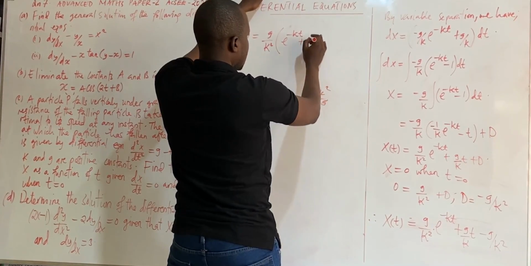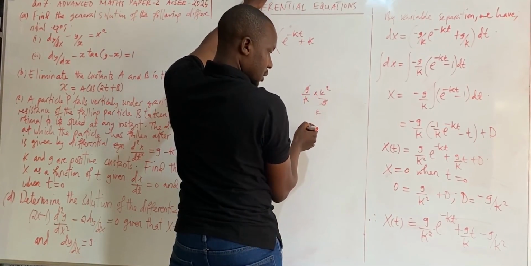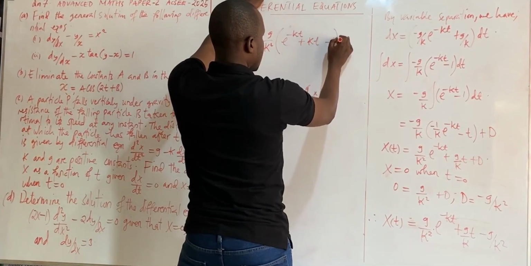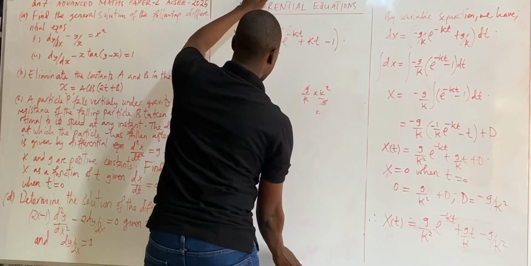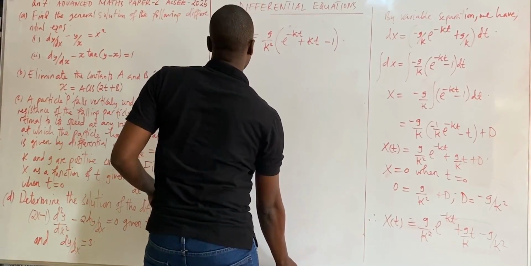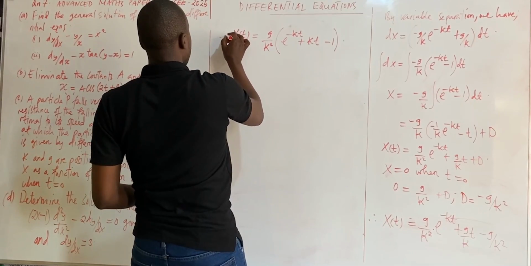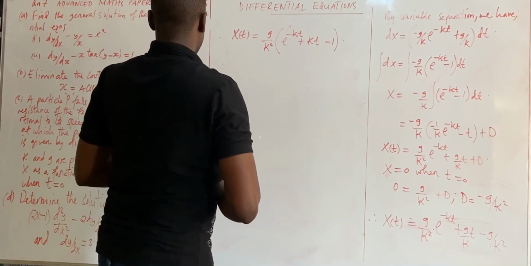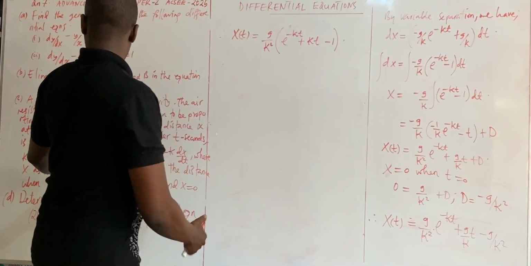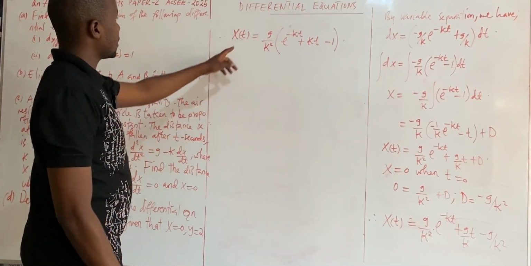So it remains k plus kt. Then we minus 1. So that's how it becomes. That will be the function of the distance x as a function of t.